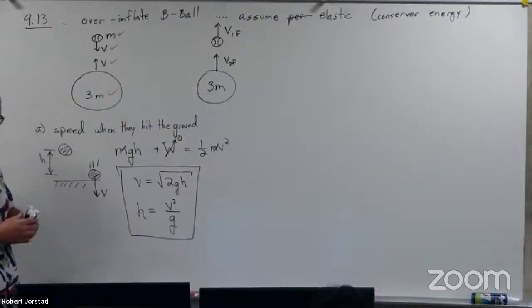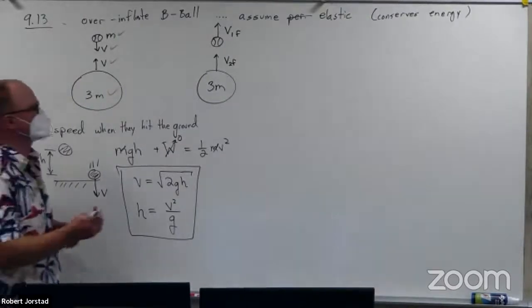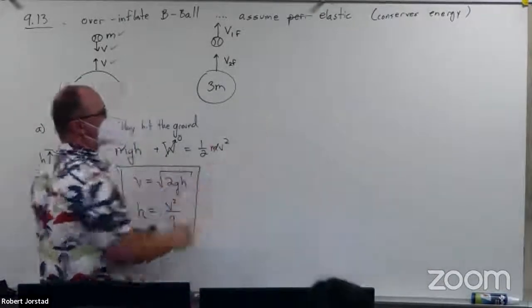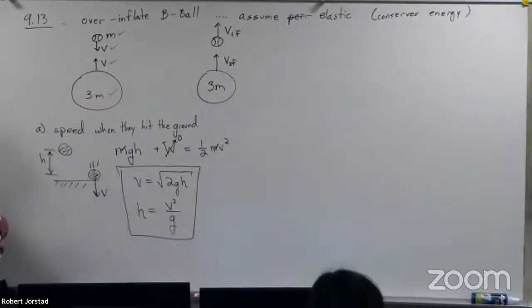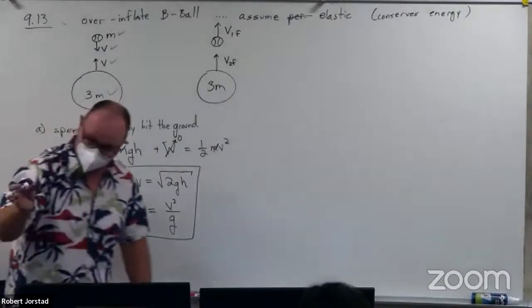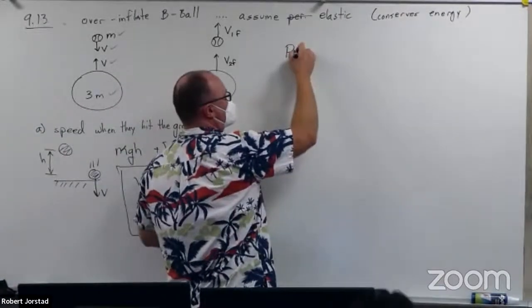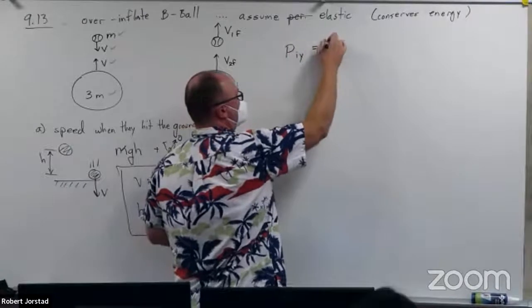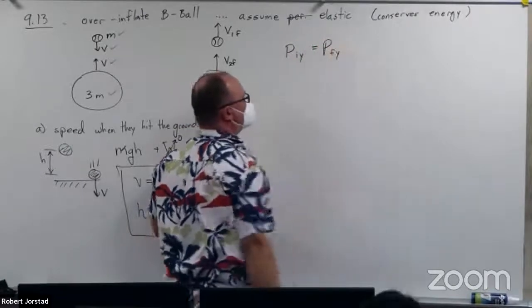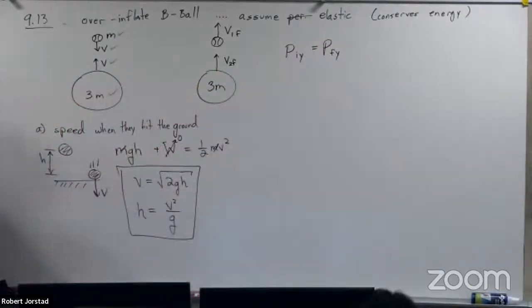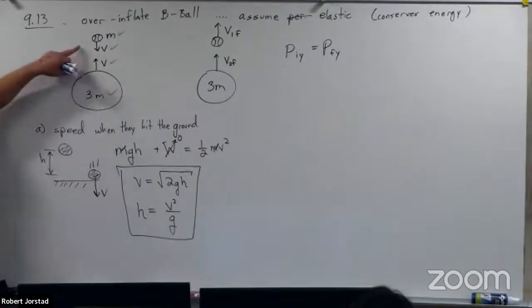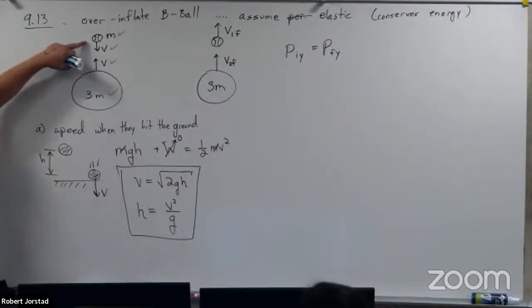What equations can I write? What's one equation you can write if the collision is elastic? Momentum, because you can write that for any collision. Smart. Now, do you agree this one is in the y? What's the initial momentum in the y direction for the tennis ball?